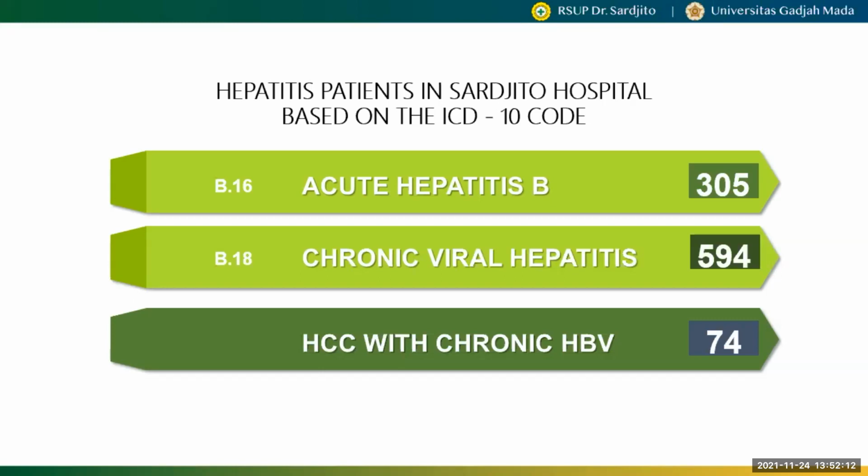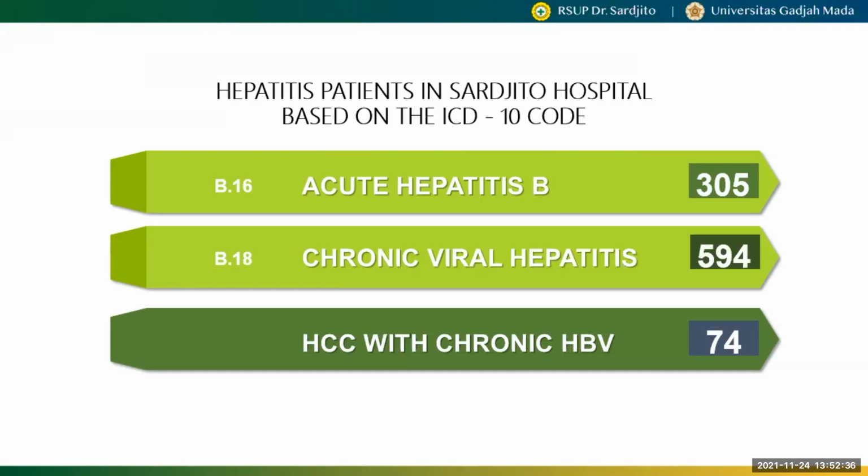Annually there are 305 new patients, and chronic viral hepatitis is around 594 that we found. Also interesting is hepatocellular carcinoma with chronic HBV. We have data on 74 patients.